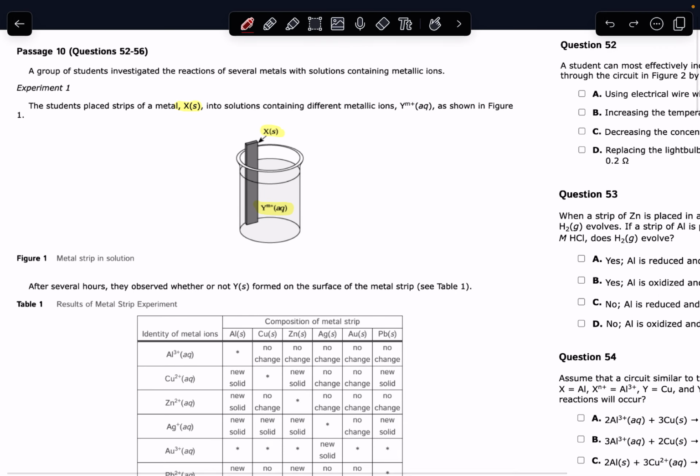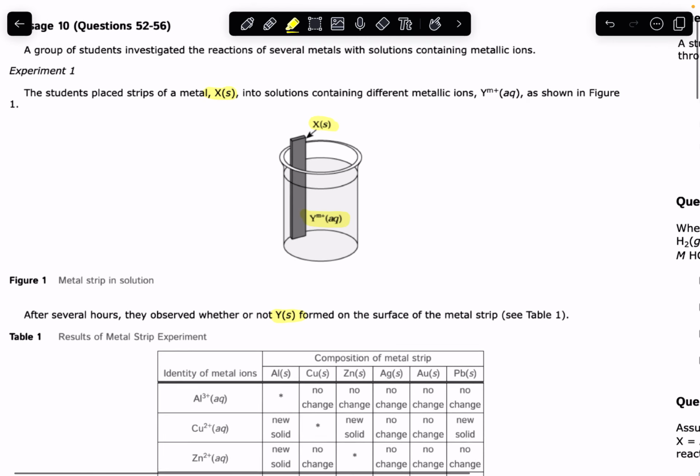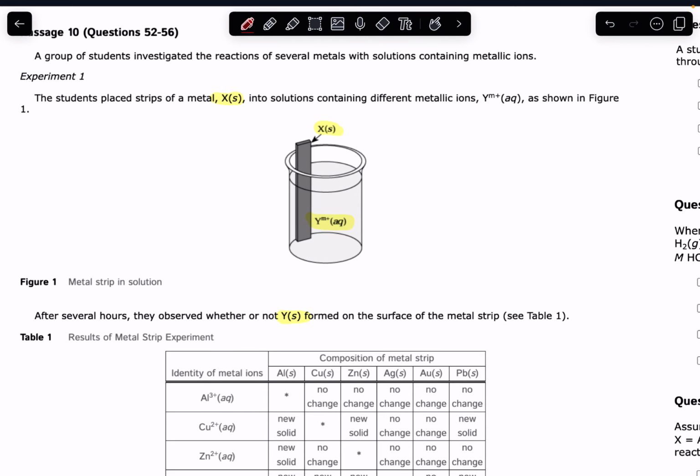After several hours, they observed whether or not Y(s) formed on the surface of the metal strip, okay? So to form Y(s), going from Y(aq), we need to gain electrons, right? I don't know how many electrons because I don't know the M, right? But this is really reduction, right?